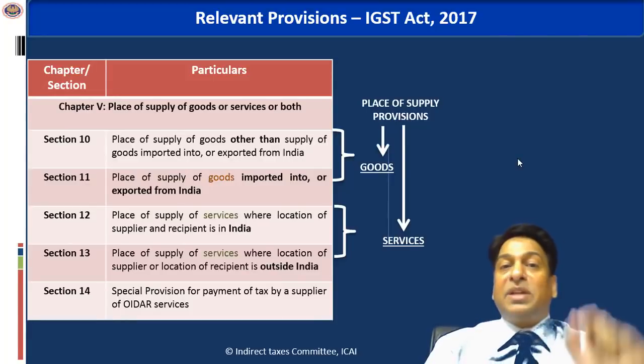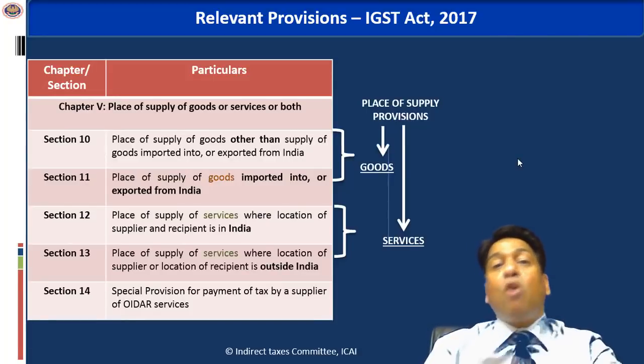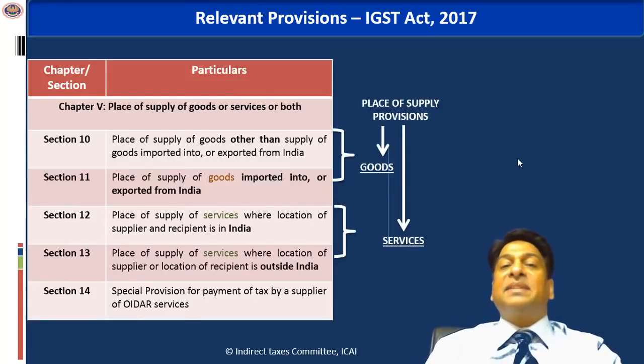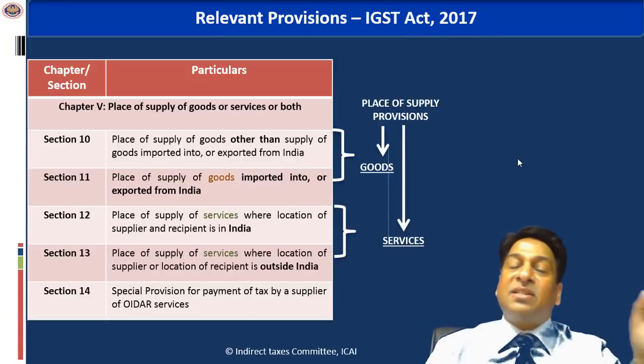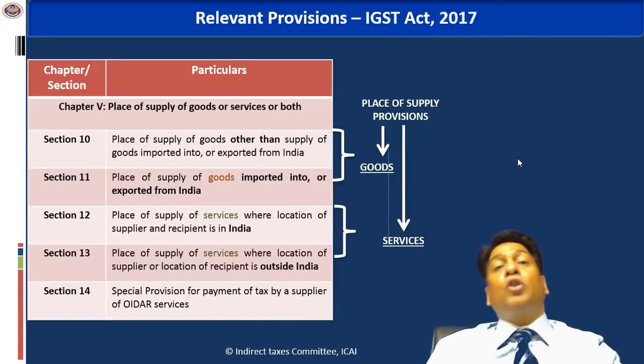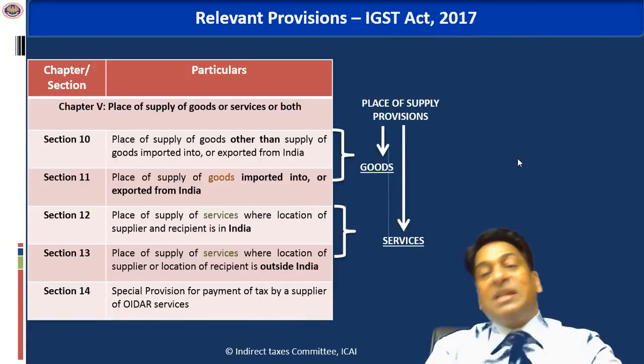For services pertaining to export and import, we have to determine the place of supply. Section 14 talks about online information database access retrieval service provided to a registered recipient or to a non-registered recipient.